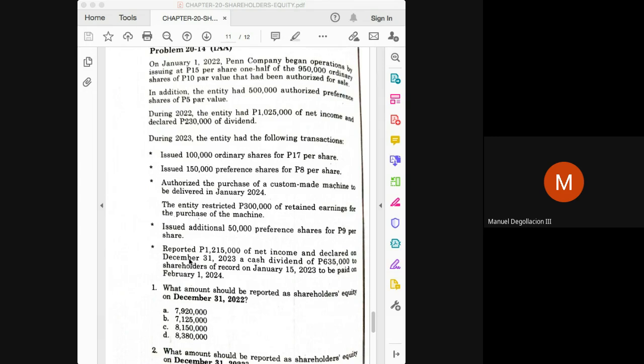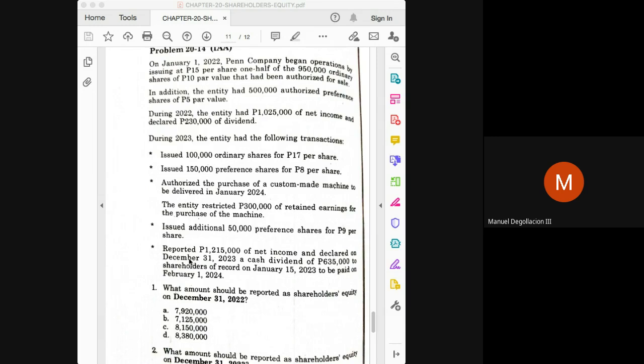On January 1, 2022, Pen Company began operations by issuing at 15 per share one half of the 950,000 ordinary shares of 10 par value that had been authorized for sale. In addition, the entity had 5,000 authorized preference shares of 5 par value.